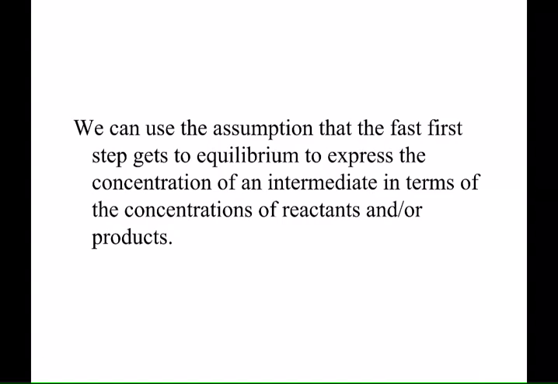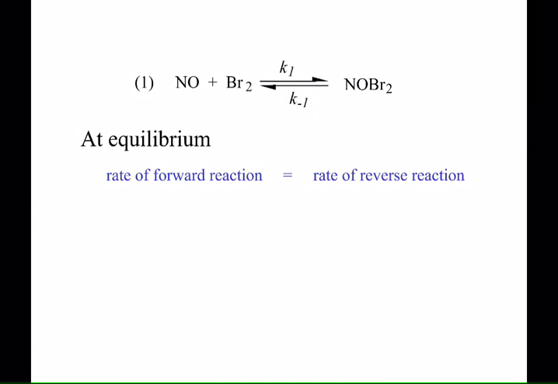Well, in a problem like this, where you have an intermediate in your slow rate determining step, there's always going to be a fast equilibrium before it. You can always use this. So let's look at that fast equilibrium, the first elementary step.